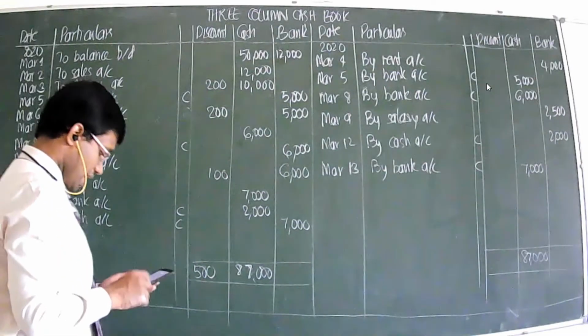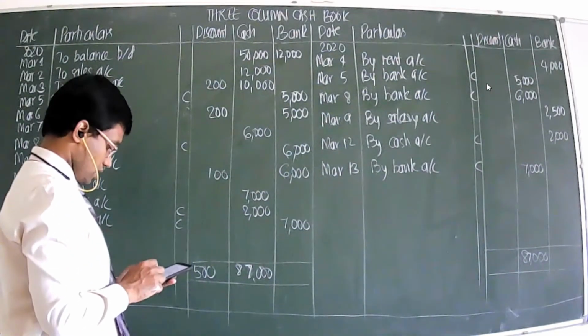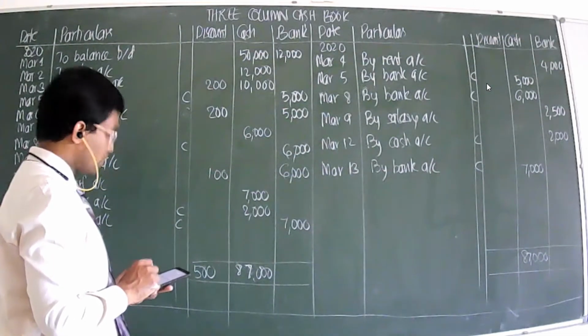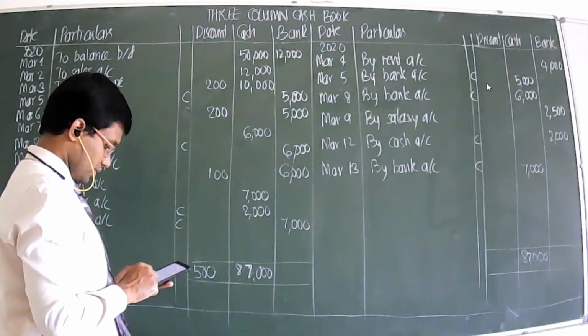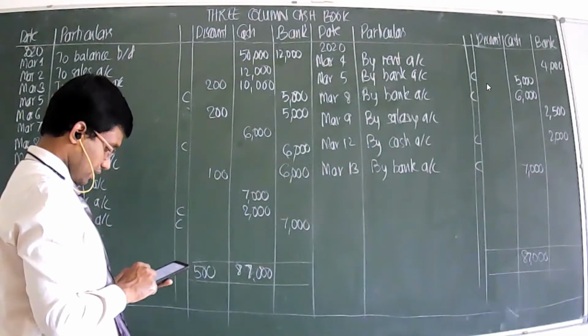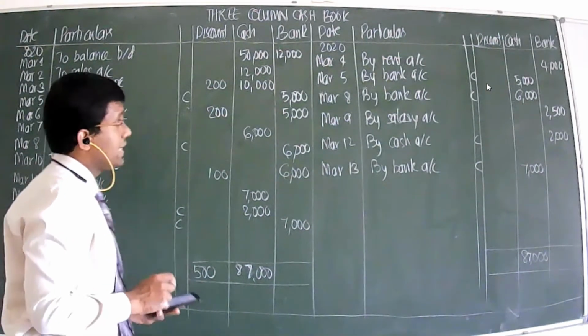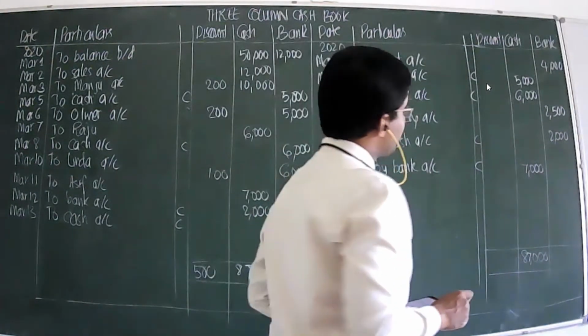So here we have 50,000 plus 12,000 plus 10,000, 10,000 plus 6,000 plus 7,000 again plus 2,000. The total is 87,000. Okay, 87,000.